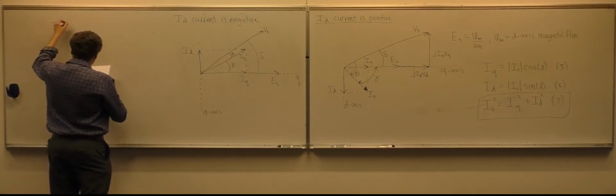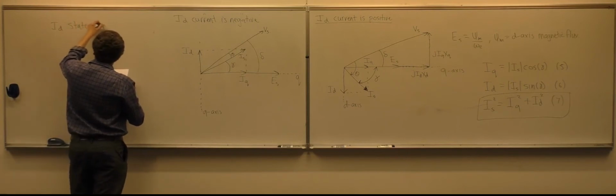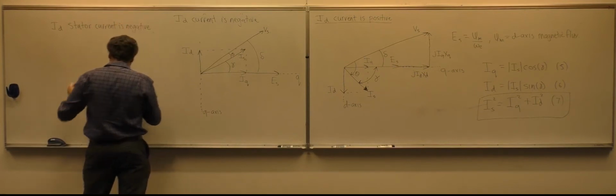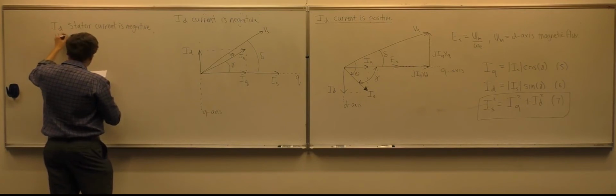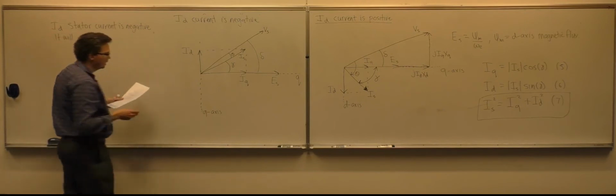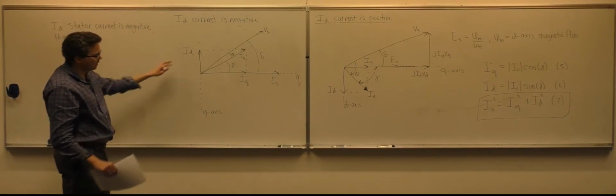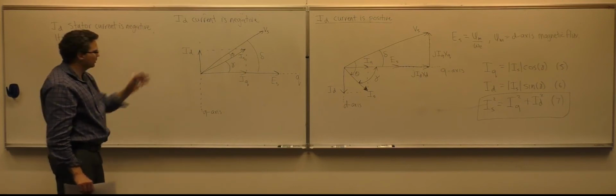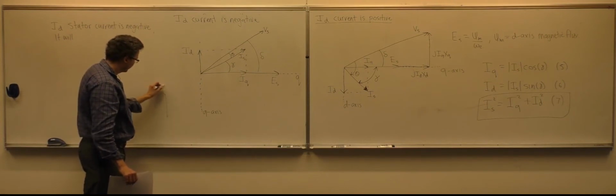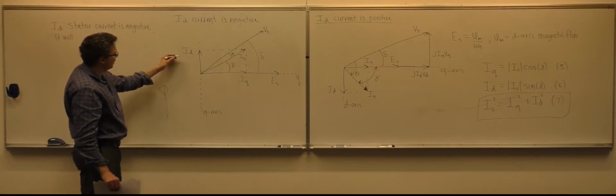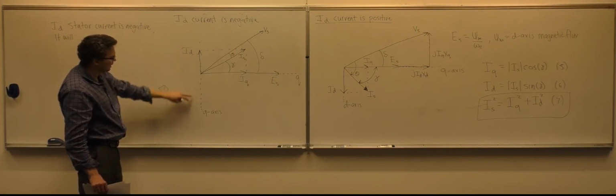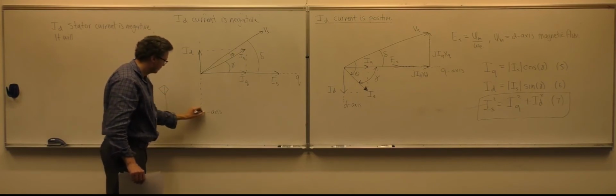So if ID stator current is negative, think about the drawing we had, when the flux was in the d-axis positive, that's the direction of the magnets.